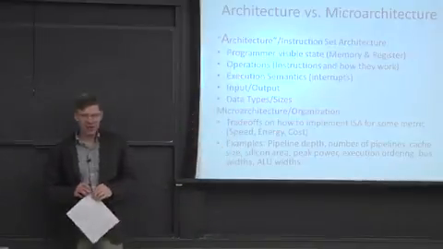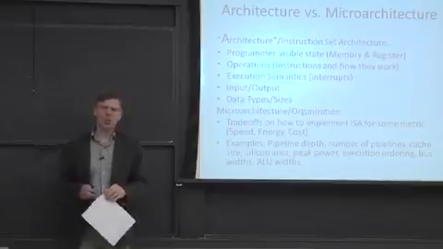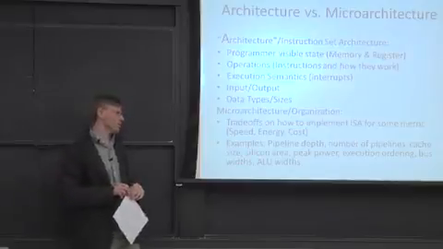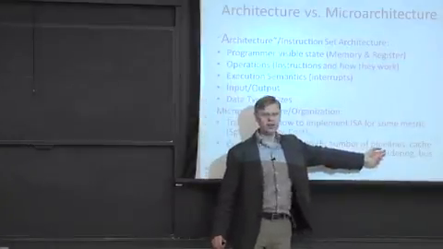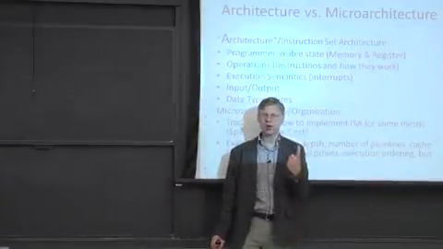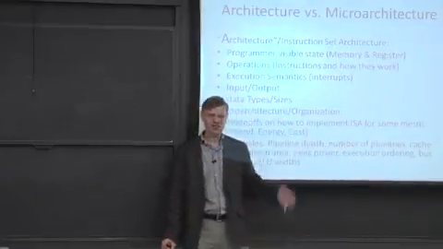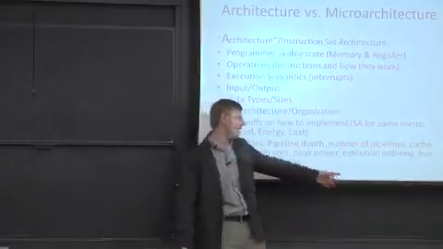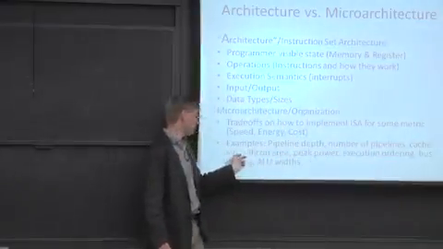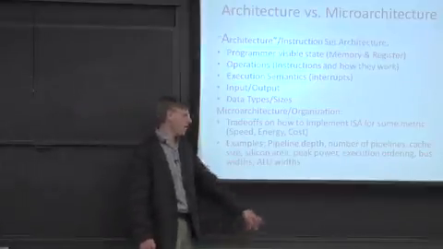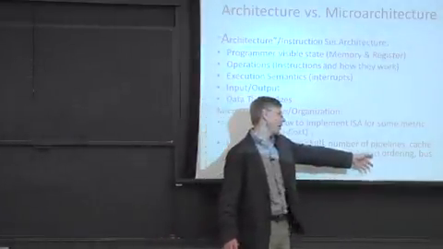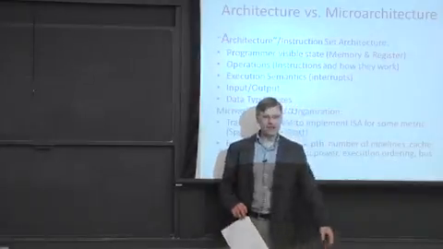So let's look at some examples of things that you might trade off in a microarchitecture. You might have different pipeline depth, numbers of pipelines. So you might have one processor pipeline, or you might have 6, like something like the Core i7s today. Cache sizes, how big the chip is, the silicon area, what's your peak power, execution ordering.